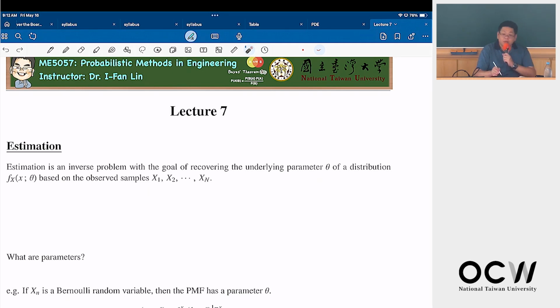Remember that for our common distributions, the PDF has parameters, like the Bernoulli distribution, geometric distribution, Gaussian, or even exponential. We always have the parameter, and we try to estimate that parameter.